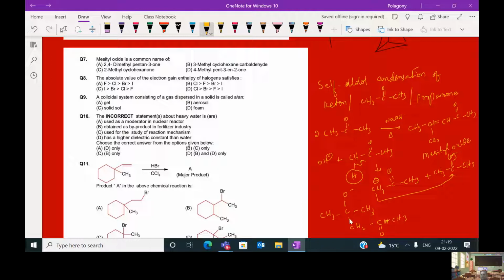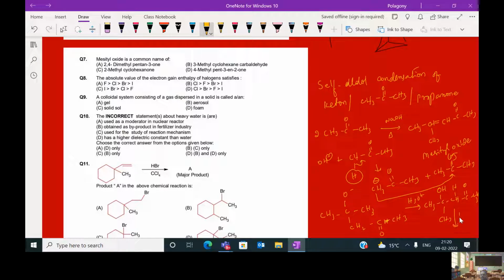Now the carbanion attacks the electrophilic carbon, followed by hydrolysis. So we can get CH3 C(OH) CH3, CH2, C double bond O, CH3.